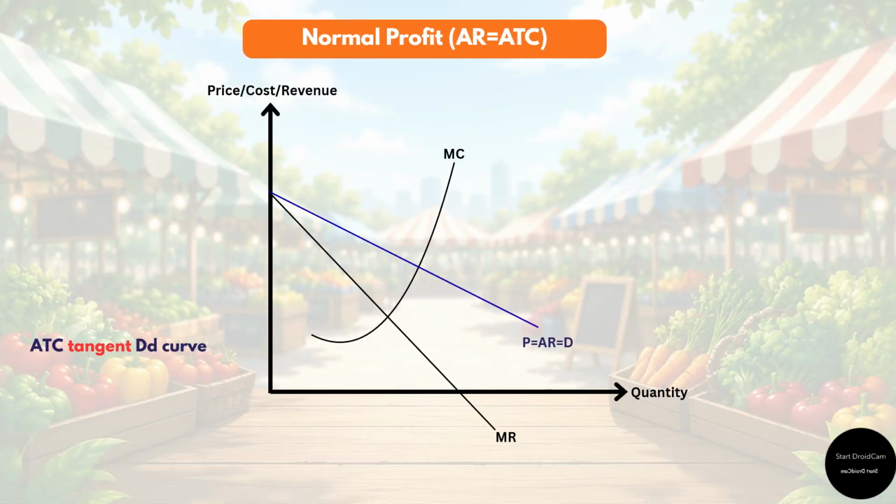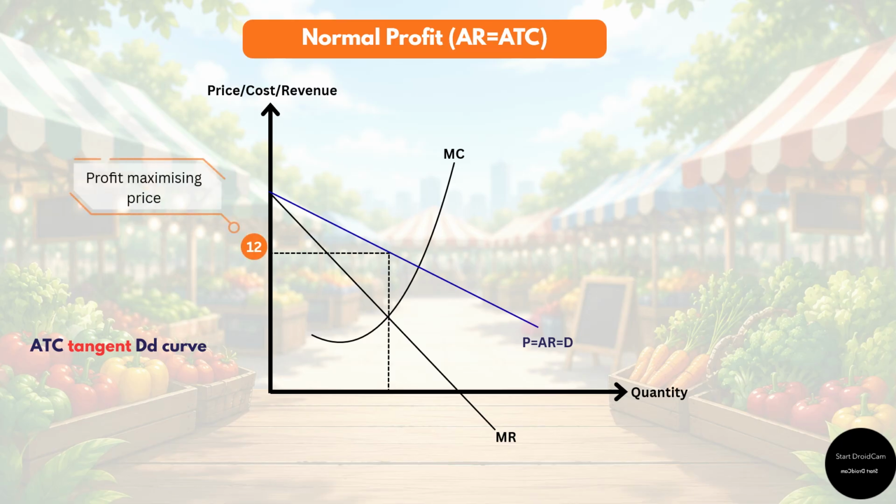Now let's consider the second possibility, normal profit. Again, we start with the same profit maximization rule, MR equals MC. Locate the intersection between MR and MC and trace downward to determine the equilibrium quantity. Next, we use the demand curve to determine the corresponding price.